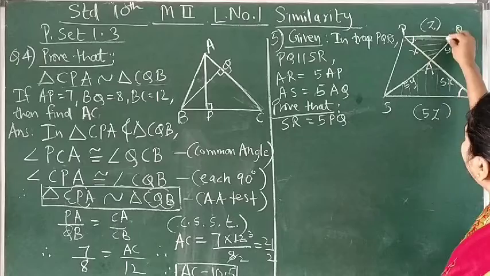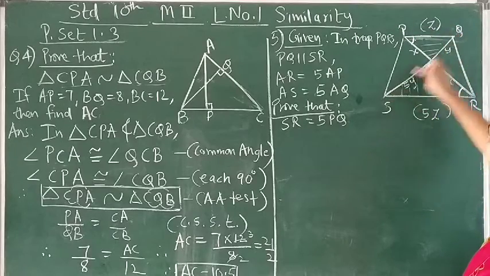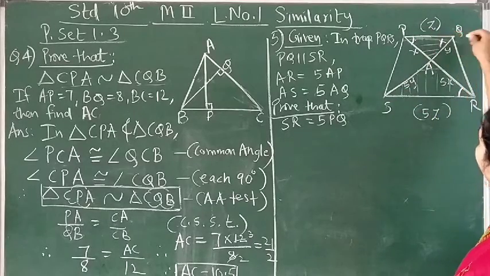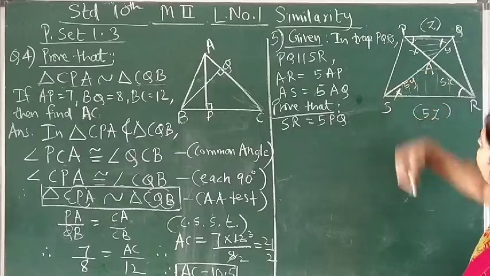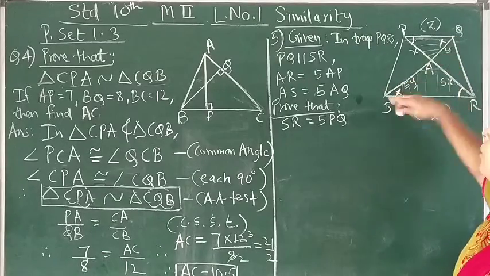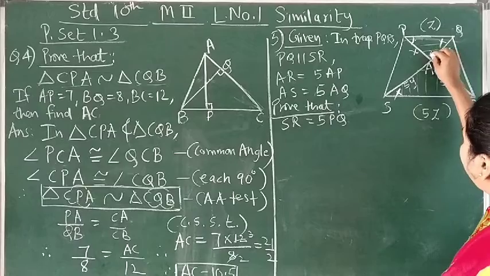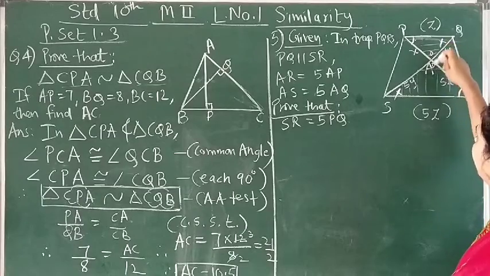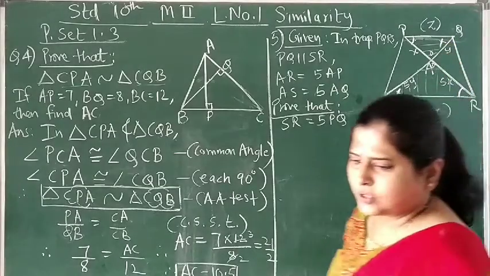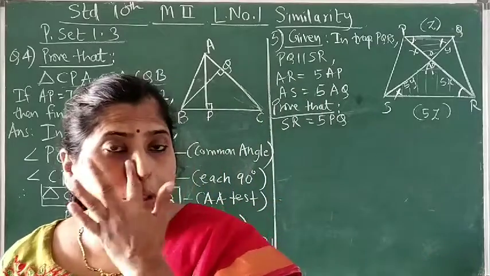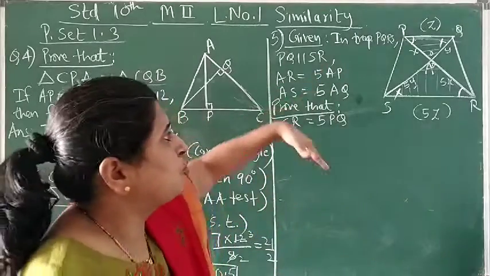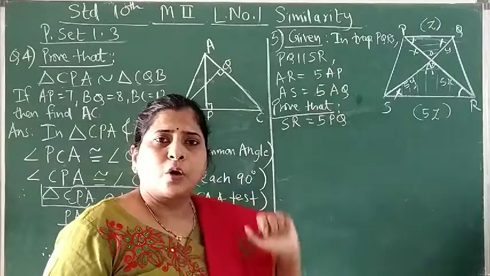And what about angle Q? If you take QS as a transversal, then you can prove angle Q is congruent to angle S because this is also alternate. And if you want, you can show that angle A is congruent to angle A because they are vertically opposite angles. So here we can show that all three angles of these two triangles, corresponding angles, are congruent.